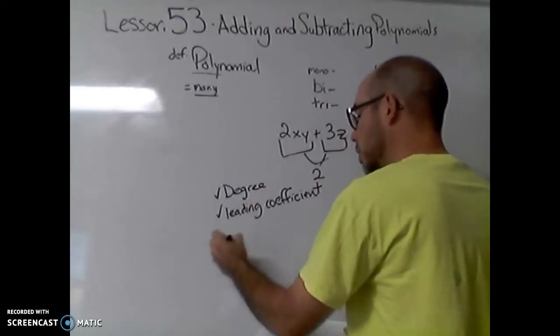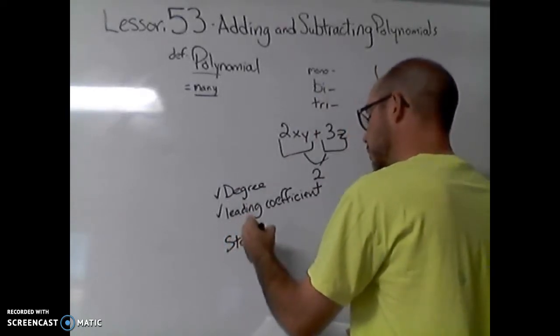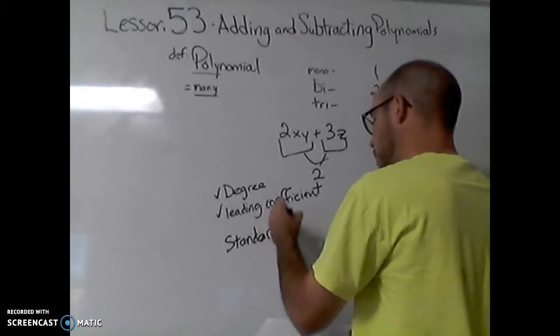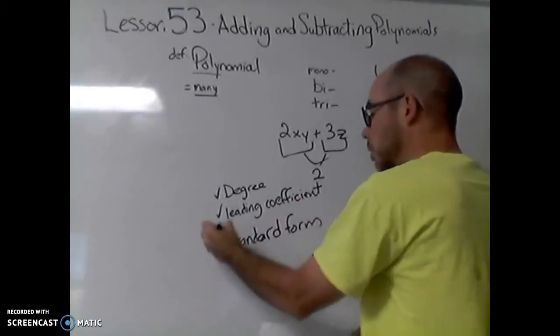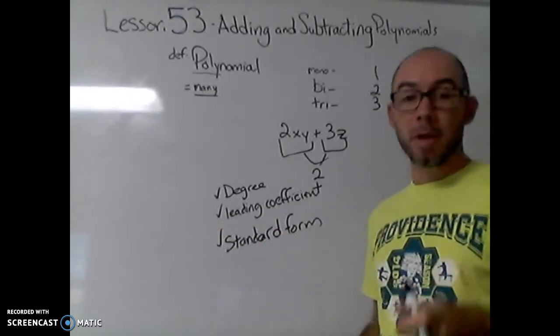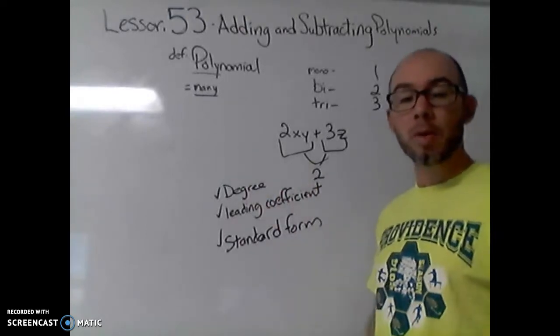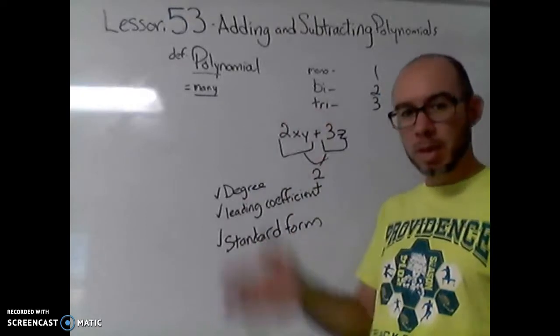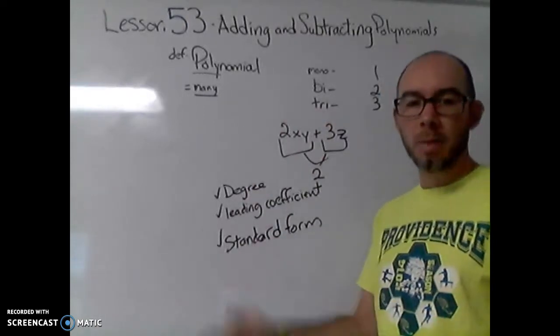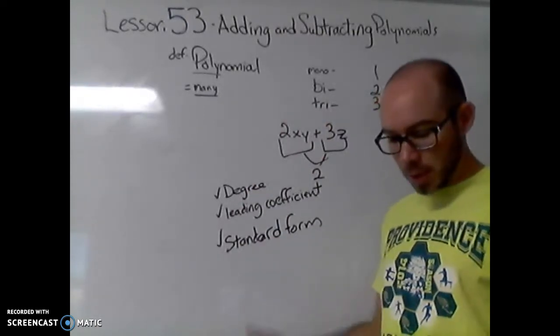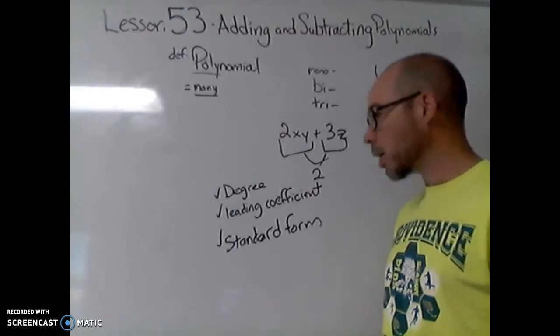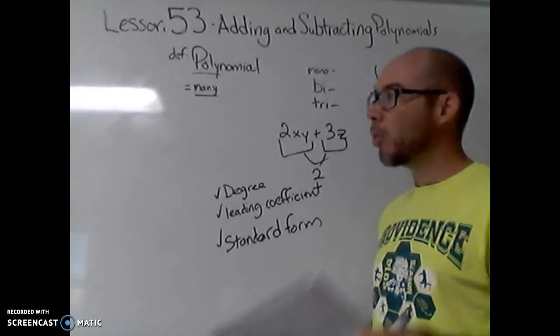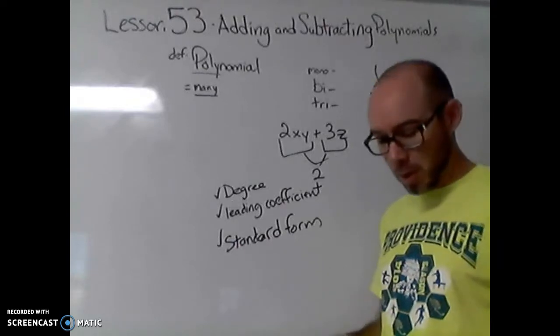And then thirdly, we're going to talk about the standard form. The expressions don't always come in order, and we have to just put things in order the same way we would with place value. We want to put things in their columns in the right place so we can combine them easily. That's eventually what we want to get to. We want to combine one polynomial with another polynomial.